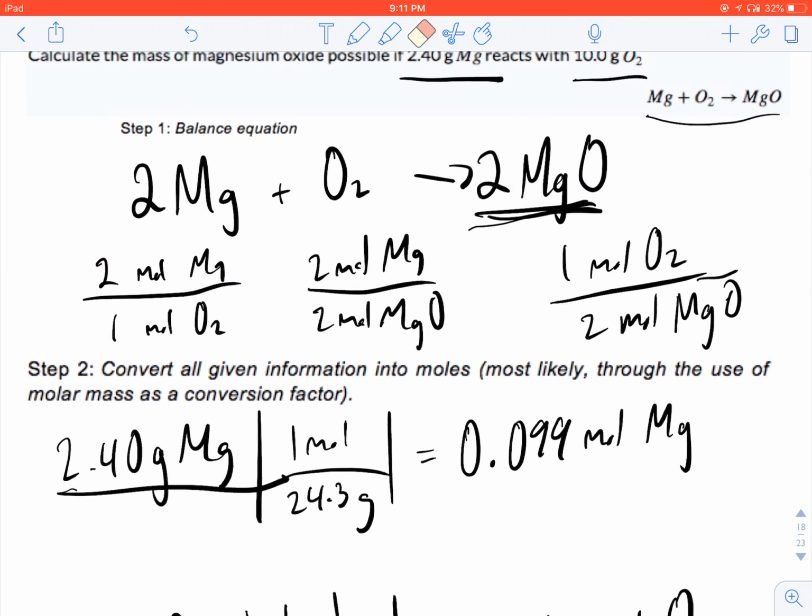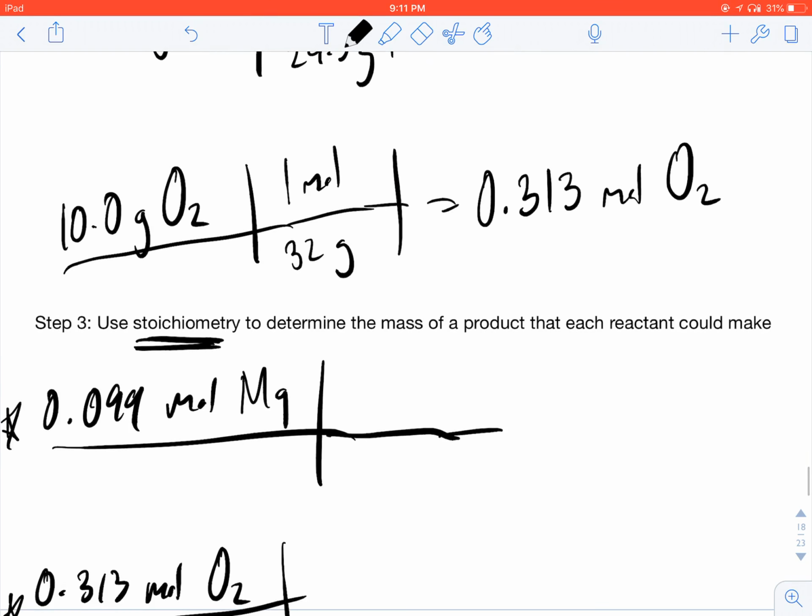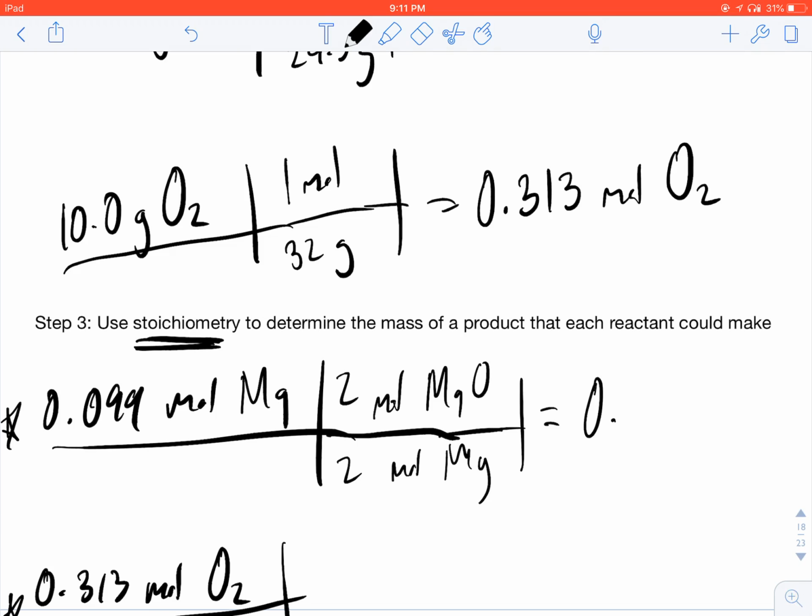So I'm looking for a mole ratio to compare magnesium and magnesium oxide. Right there, 2 to 2, and I think I can do this one in my head. We end up with 0.099 moles of magnesium oxide. I'm just going to fix that M there.